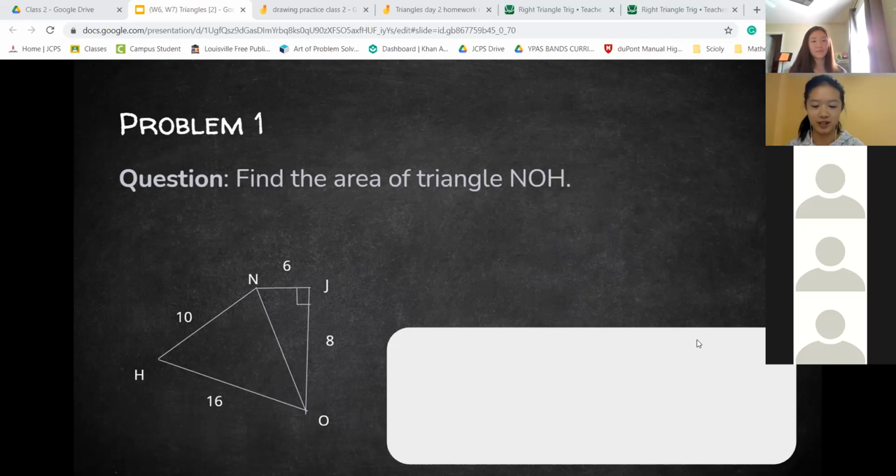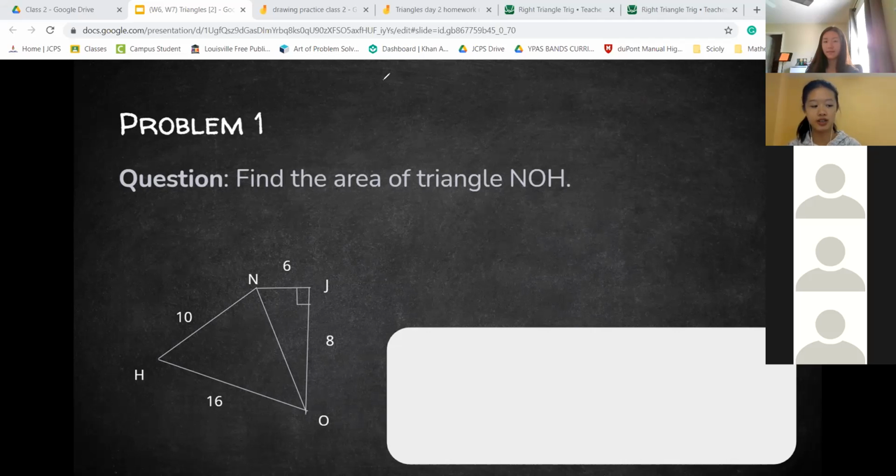So 6 squared plus 8 squared equals 100. And then you square root that to find that line segment NO has length 10. So now we have the three sides of triangle NOH.